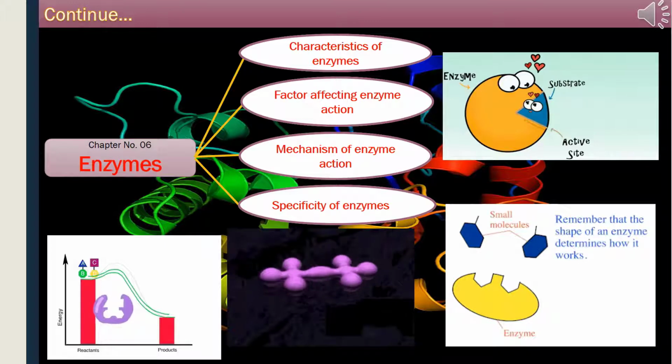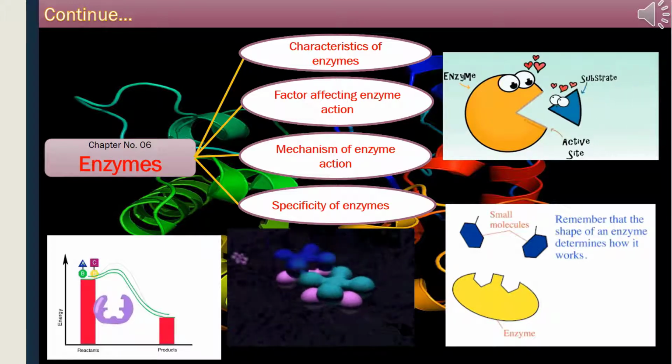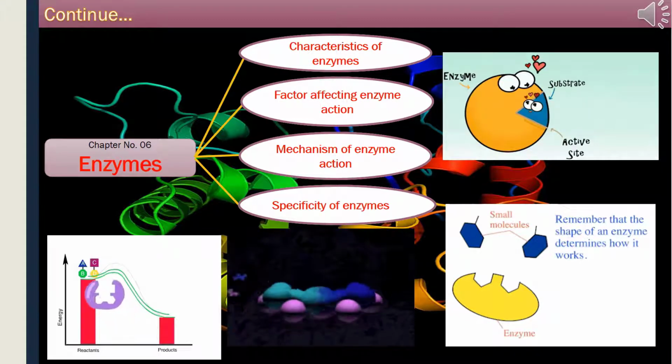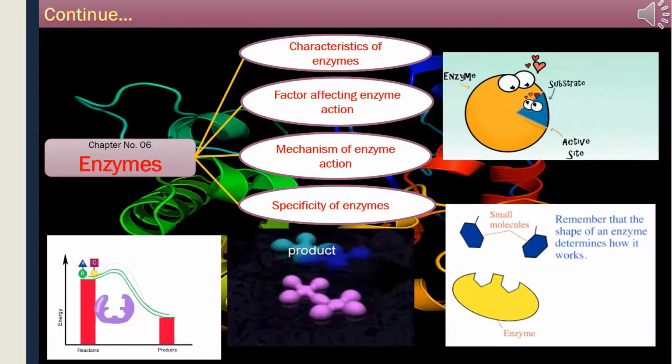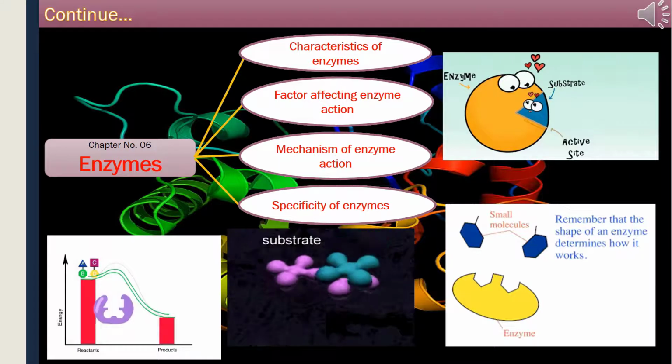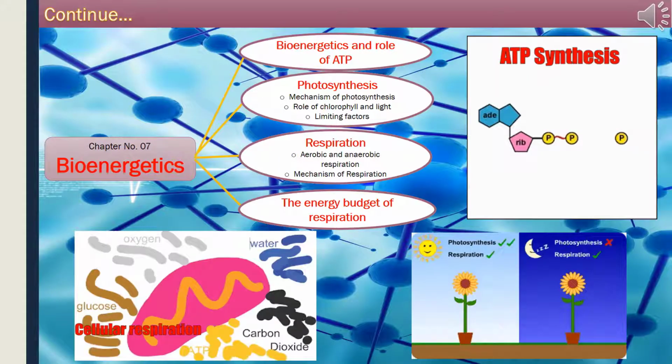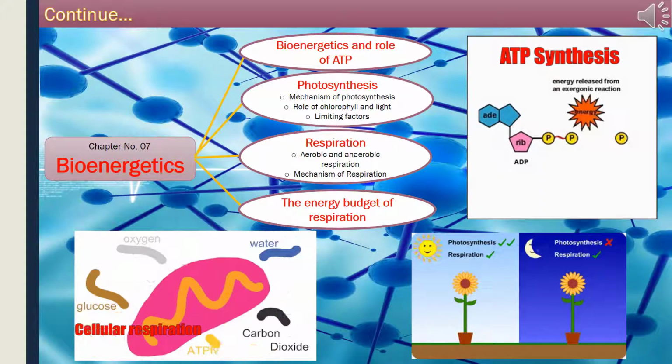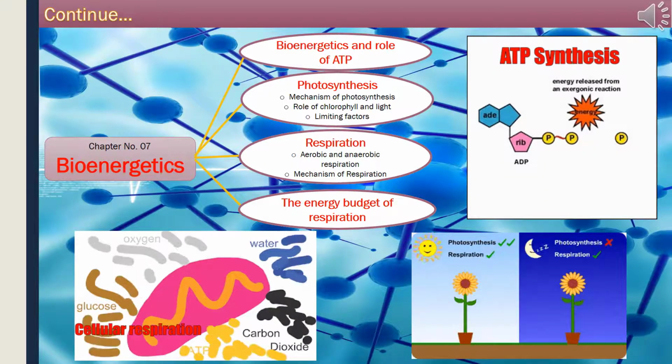Chapter number 6, enzymes. In this chapter we will discuss characteristics of enzymes, factors affecting enzyme action, mechanism of enzyme action, and specificity of enzymes. Chapter number 7, bioenergetics. In this chapter we will discuss bioenergetics and the role of ATP.